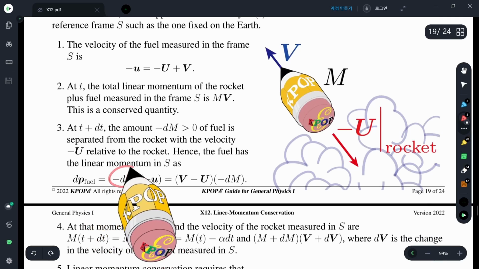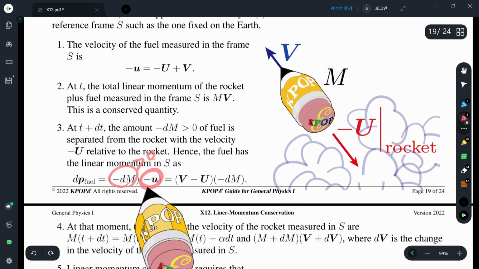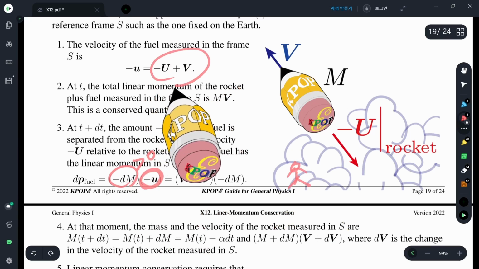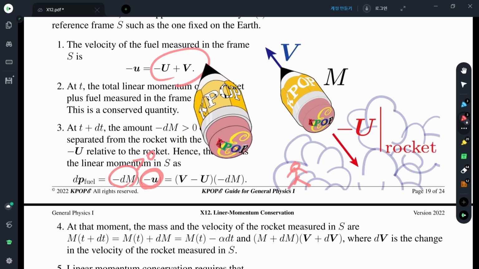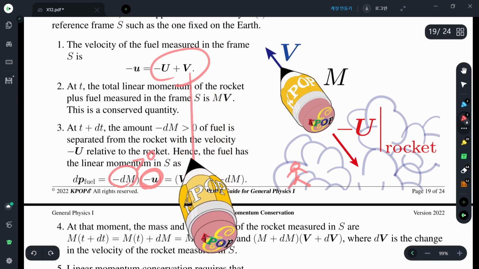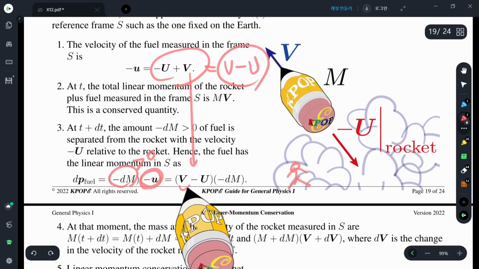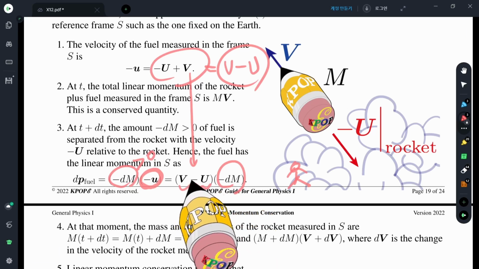And this is a positive value, and this is the velocity measured on the ground, and that is this. And substitute, this one is identical. This is v minus u, right? V minus u is substituted, and mass is positive, right?